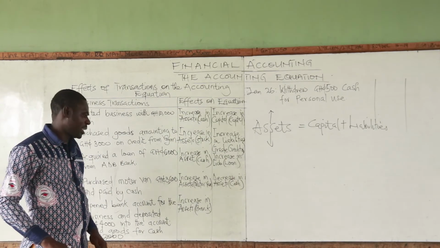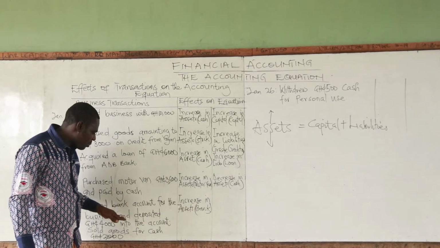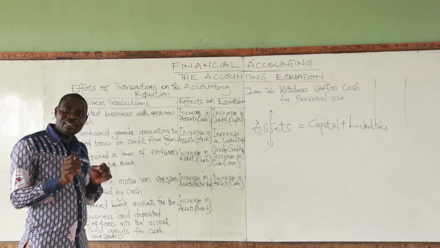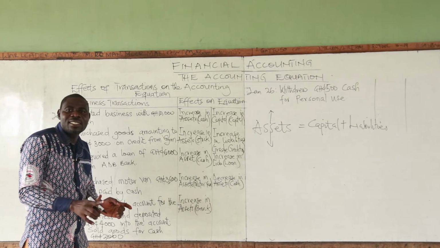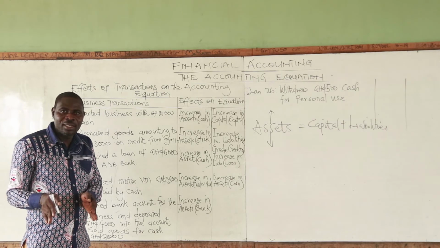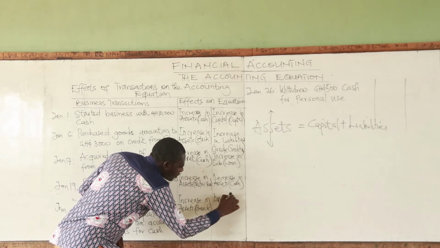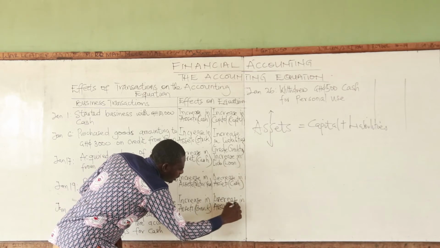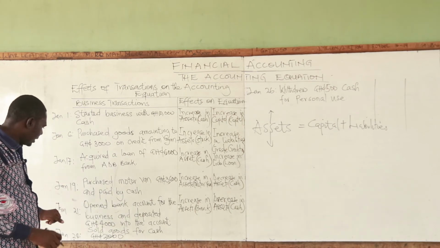So now we are going to have money in our bank account, from 0 to 4,000. But that money is cash we have in the office that we have sent to the bank. So the cash in the office will reduce. We say that there will be a decrease in assets, in the name of cash. Okay. Let's look at the 24th.